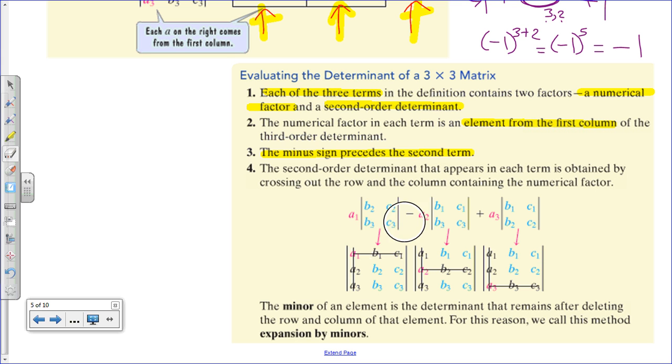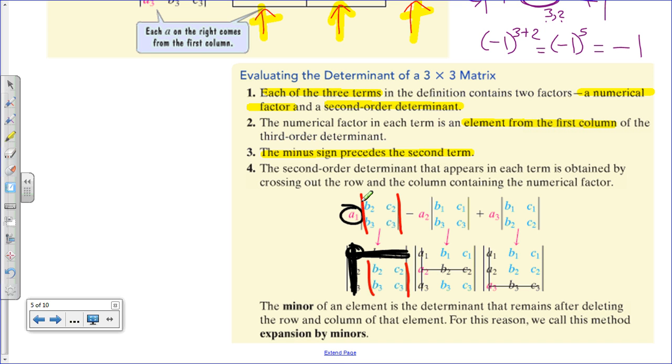Well, what you're going to do is simply cross out, if you're using a sub 1, this element here, you're going to cross out the first row and the first column. And then from there, you will take this 2 by 2 determinant, which is what you see here.